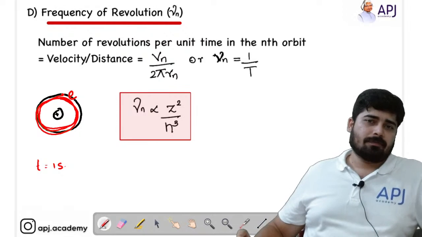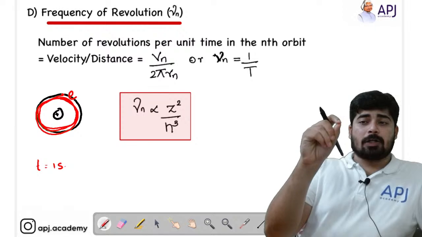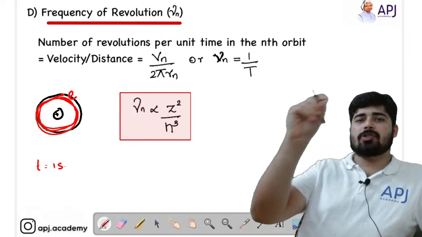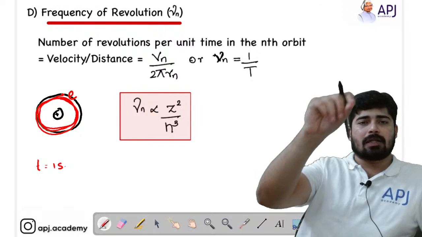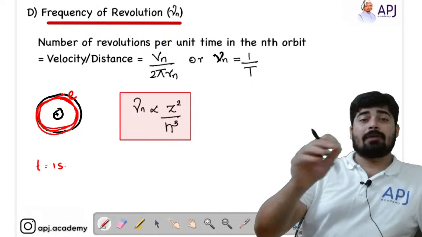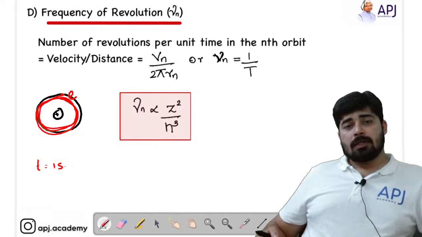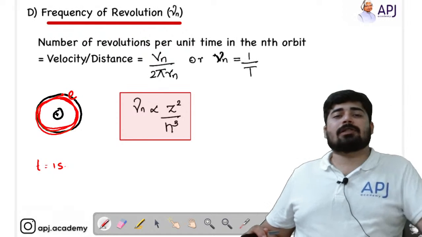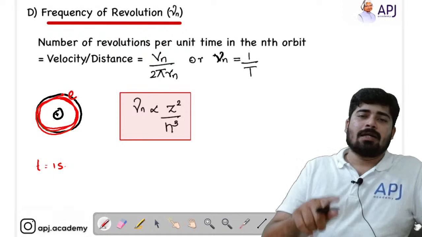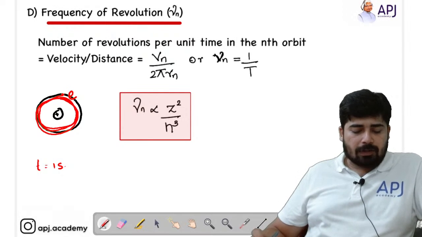That's all. What do you mean by revolution? If an electron starts from one point and reaches the same point after circuiting, then the electron has undergone one revolution. Likewise, the number of revolutions completed by the electron in a unit time is called the frequency of revolution.